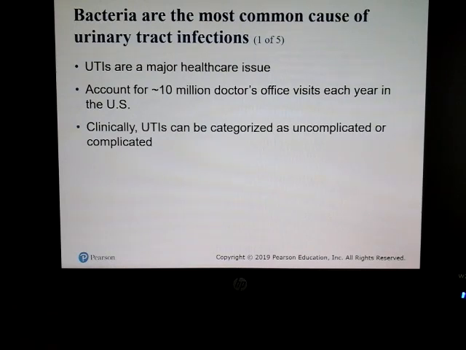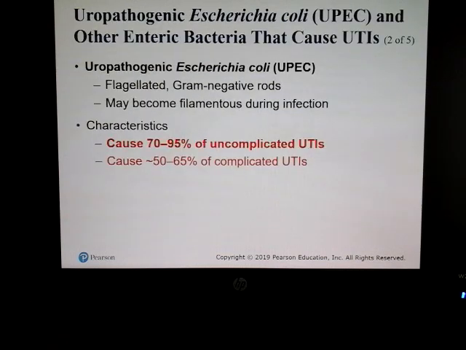Now, bacteria certainly cause a lot of UTIs, and UTIs account for about 10 million doctor's visits per year. Okay, and we can have what are known as complicated or uncomplicated infections. Now, one type of uropathogenic infection is caused by E. coli.